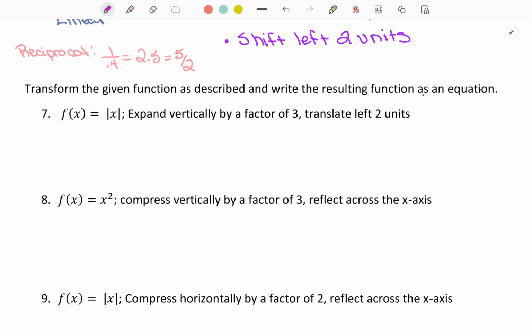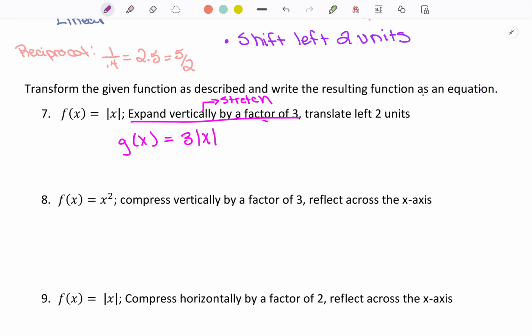So we are going to expand vertically by a factor of 3, which is a vertical stretch. So we will start out as f of x equals, actually we can go ahead and change this to g of x, is 3 times the absolute value of x.